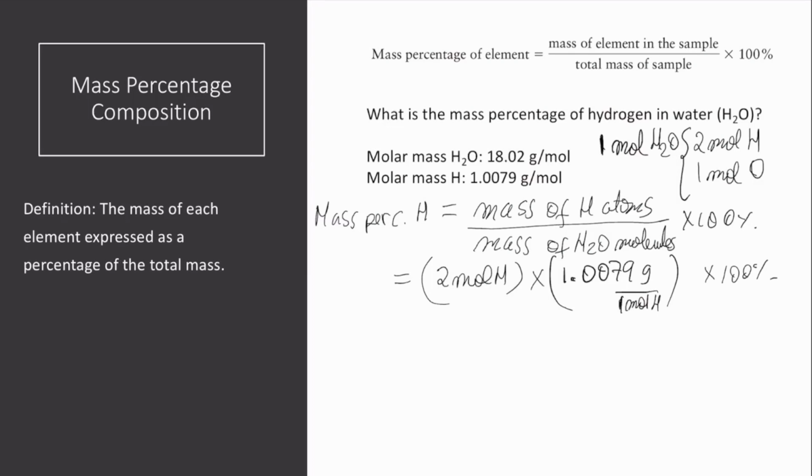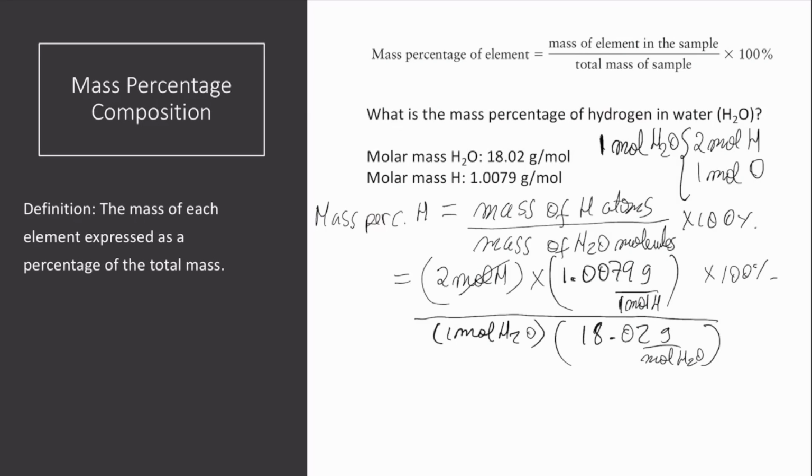Times 100%. And all of this is divided by the mass of water molecules, which is 1 mole of H2O times 18.02 grams for every mole of H2O. Notice that units of moles cancel for hydrogen and water, and we're left with units of grams on the top and the bottom.